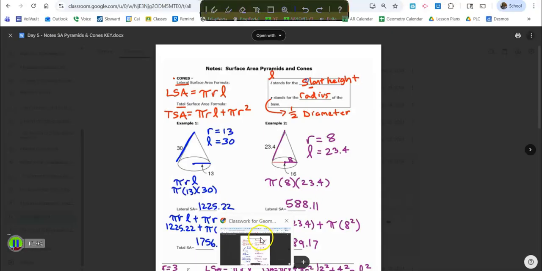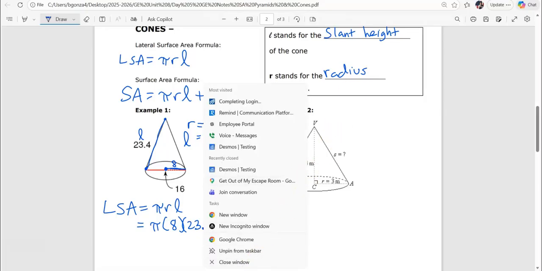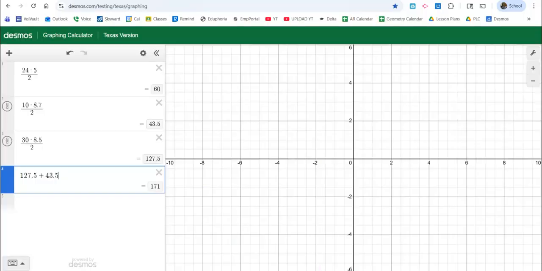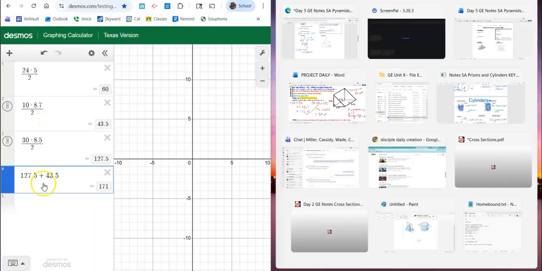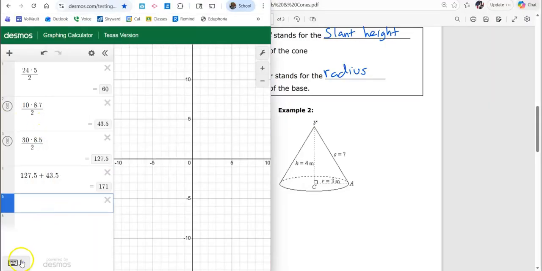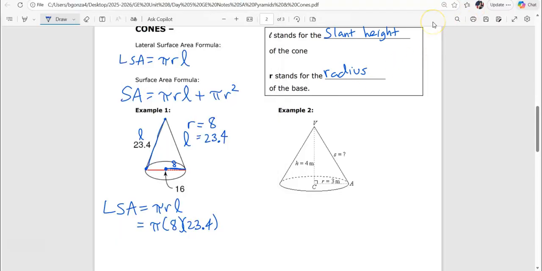Okay, let's try it. $588.11, and whatever my units are squared.